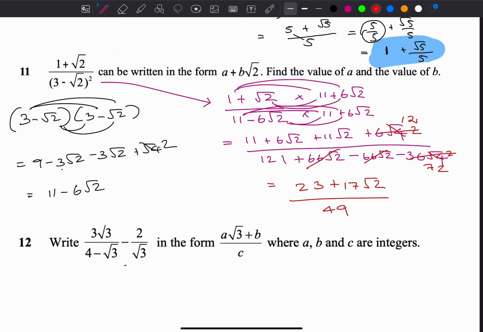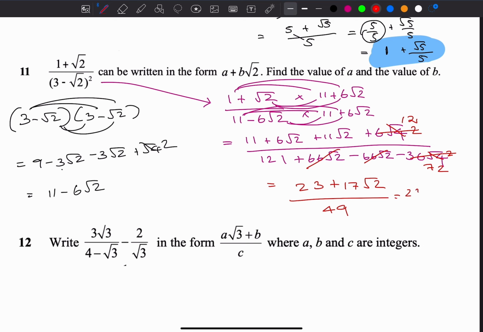Is that okay? Sometimes you have to realize it doesn't say A, B, C is an integer, so A, B, C might not be an integer to deal with anyways. If you're unsure, you can just type it through a calculator just to see if things work. Yeah, the A, B, C are not integers, so just rewrite it.